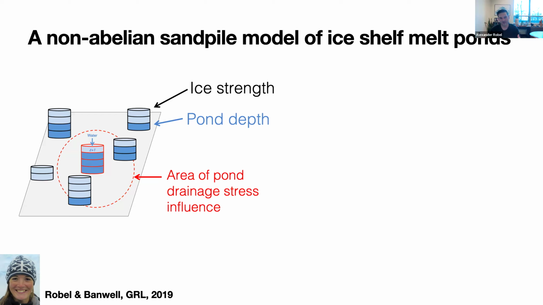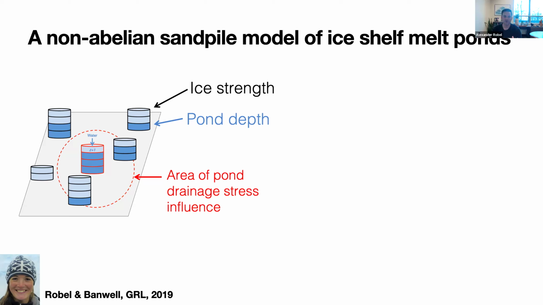And so in this model, if you are familiar with sand pile models, this is going to sound very familiar to you, because this is a form of a sand pile model. When the lake drains, it fractures some prescribed area around it, and it reduces the threshold for nearby ponds to also break.